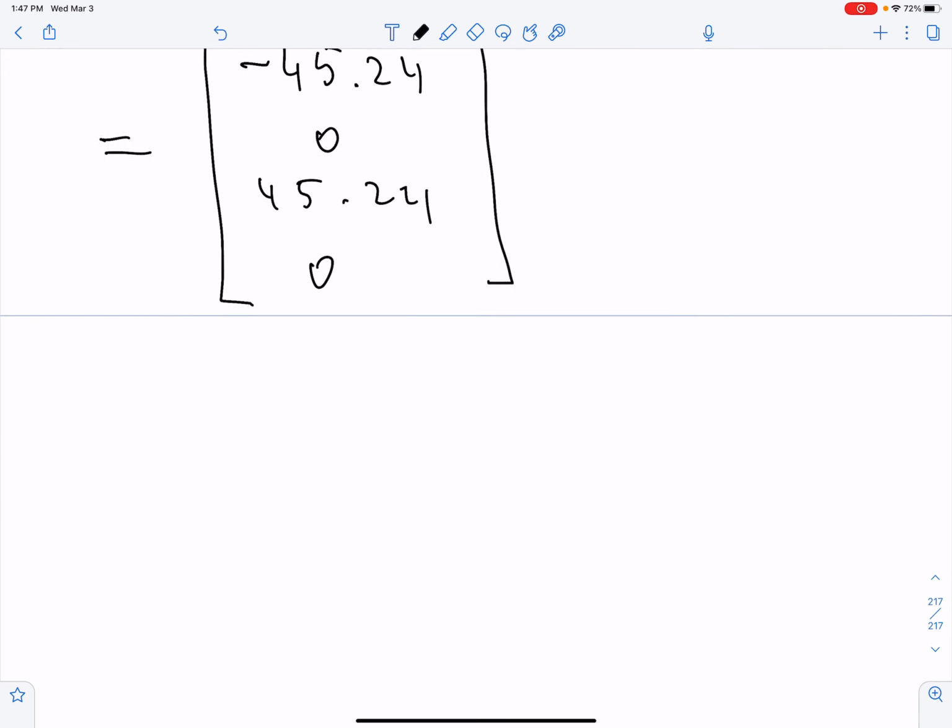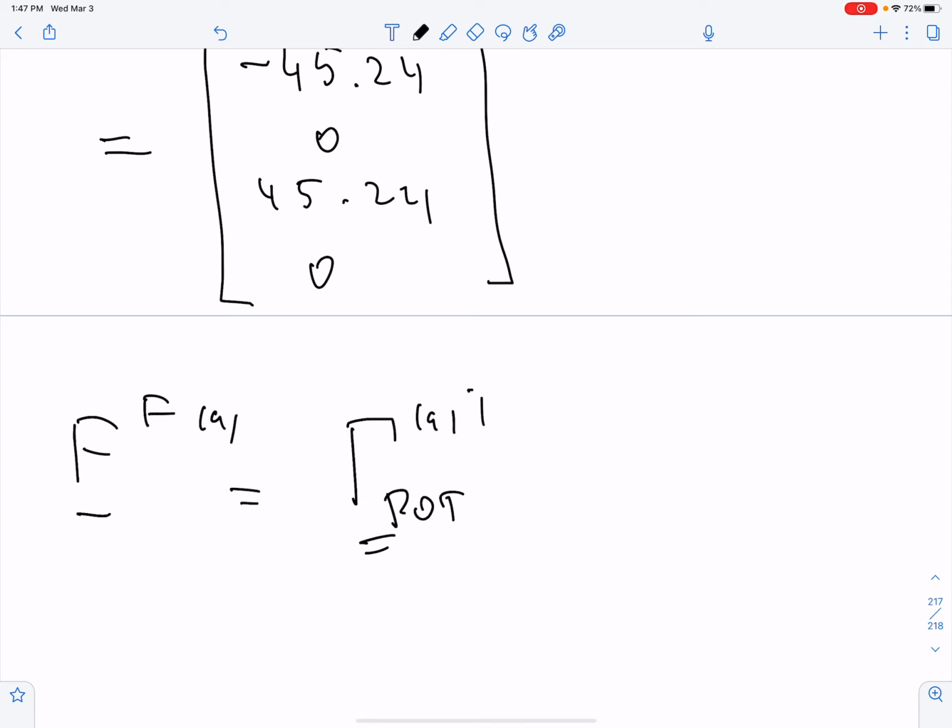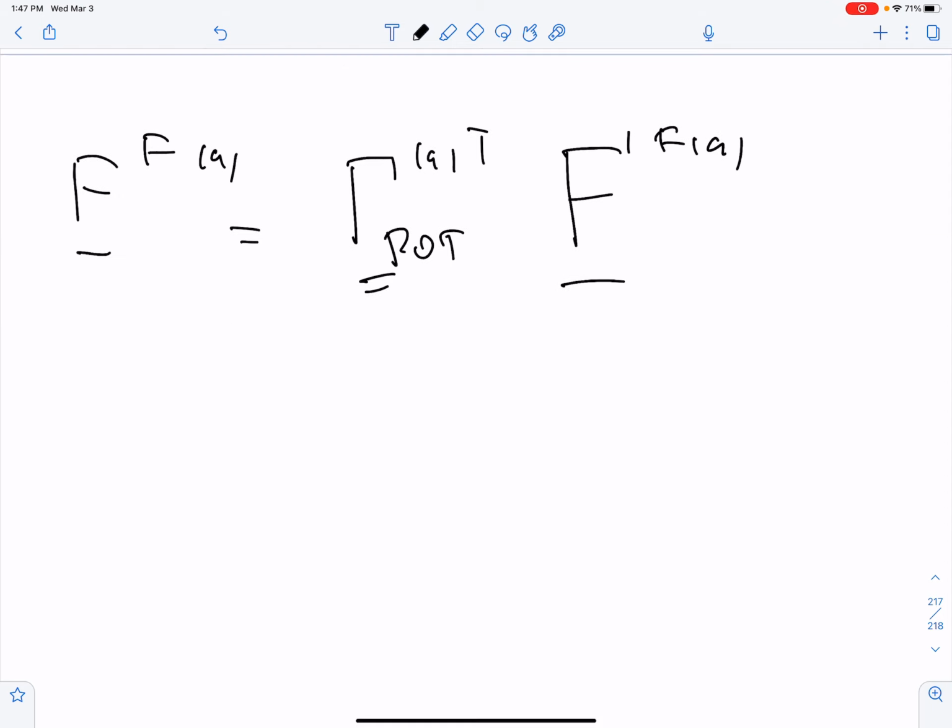From there, remember, we go to the element force in the global coordinate system by taking gamma ROT for element A transpose times F prime F for element A, that we derived.